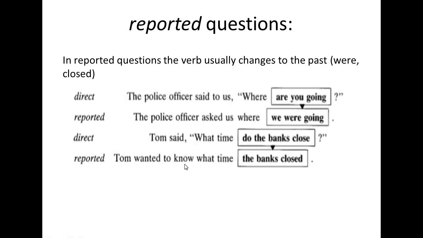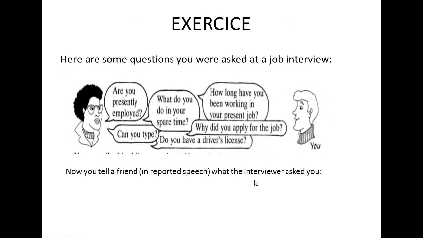So Tom wants to know what time the banks close. So in a reported question we return from the form of a question to the informative form. For example, what time do the banks close? The banks close.